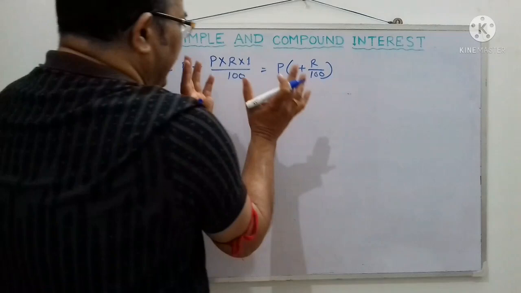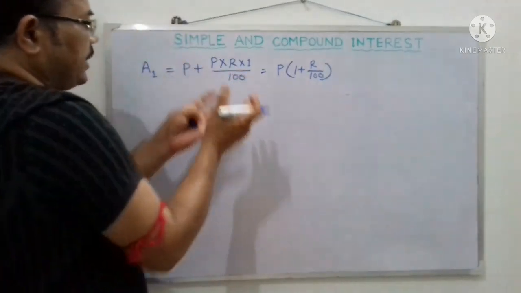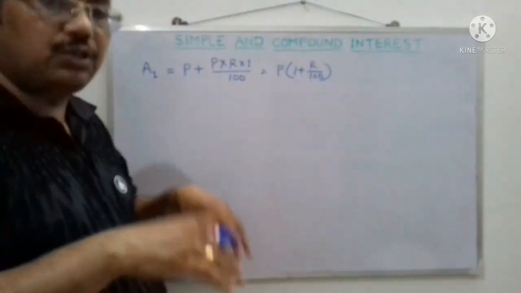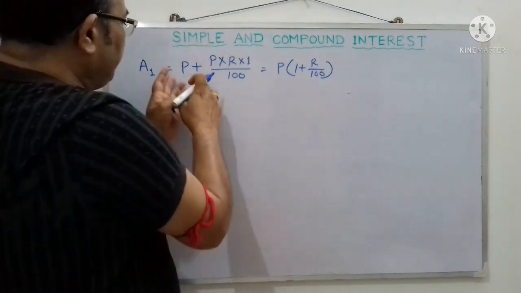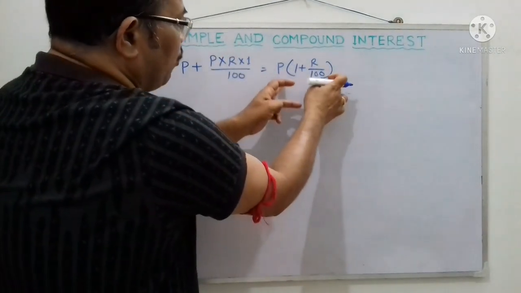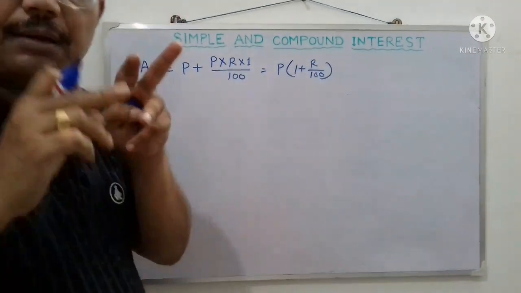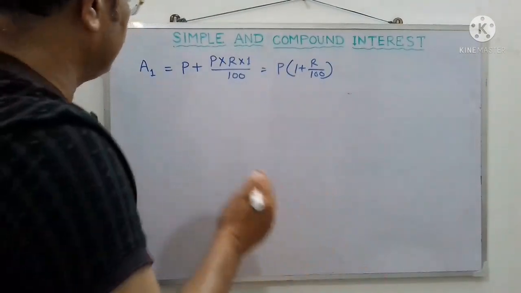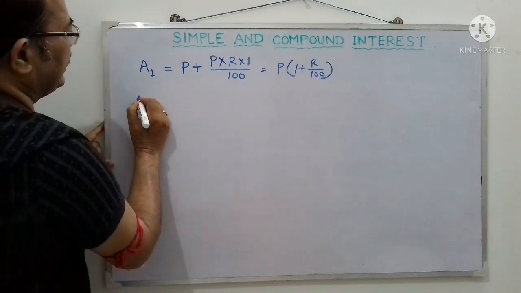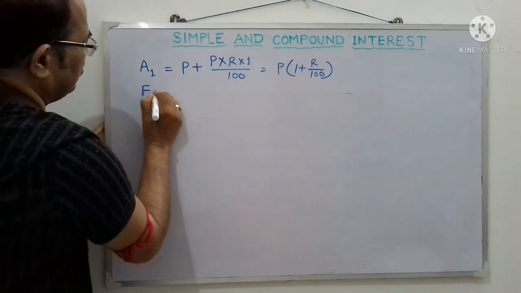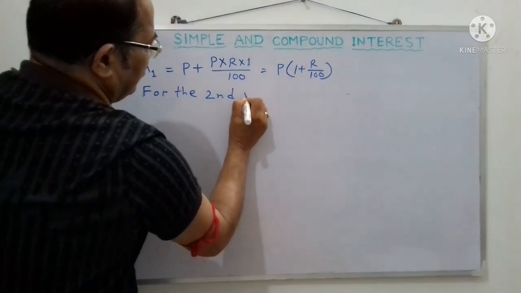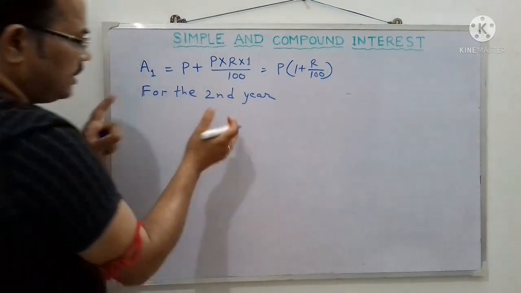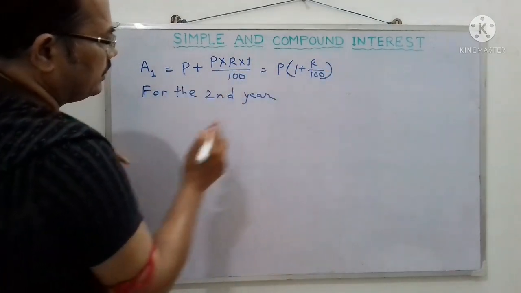But at the end of the first year, suppose interest is not withdrawn, then what will happen? The interest will be added with the principal, that means the amount will be used as the principal for the next year. That means for the second year, principal is increased from P to this one.